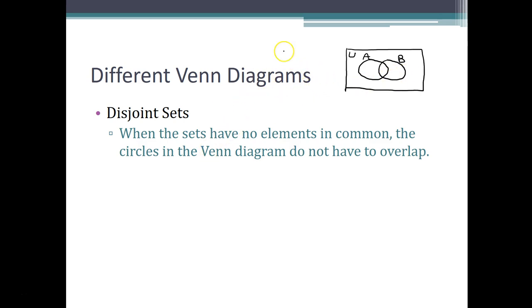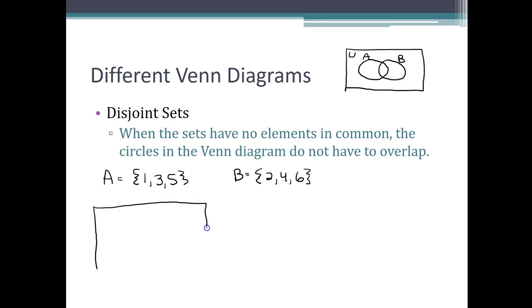Okay, let's say you have sets A and B, where set A has elements 1, 3, 5, and set B has elements 2, 4, 6. When you go to draw the Venn diagram, you could draw it with the 2 overlapping circles.